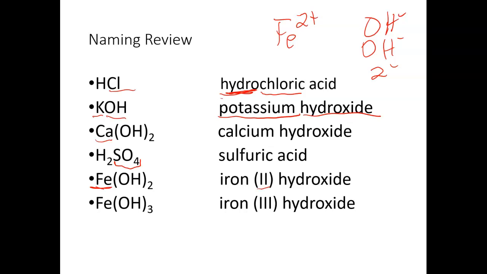So it's iron(II) hydroxide. This last one, same type of thing, except we've got 3 hydroxides here. So we need 3 positive charges on the iron to cancel out the 3 negatives from the hydroxides. So it's iron(III) hydroxide. So do make sure that you review your naming of acids and bases.